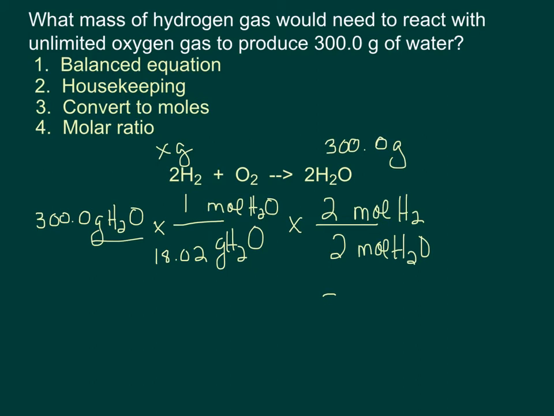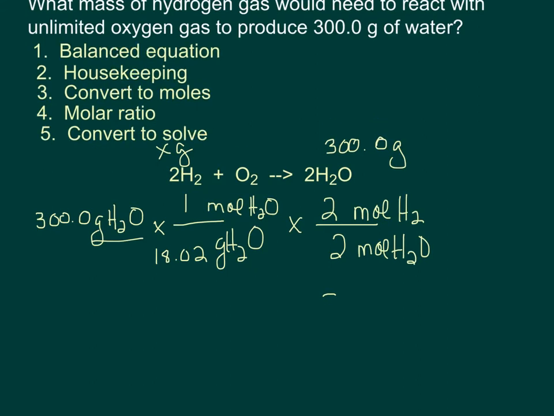Now we're ready for step 5, which is convert to solve. And since I'm trying to solve for grams of hydrogen, what I will do then is make another X and another line. We'll take moles of hydrogen from the numerator and bring it down into the denominator. So moles of H2 here, and we want to end up with grams of hydrogen. And so 1 mole of hydrogen is 2.02 grams.